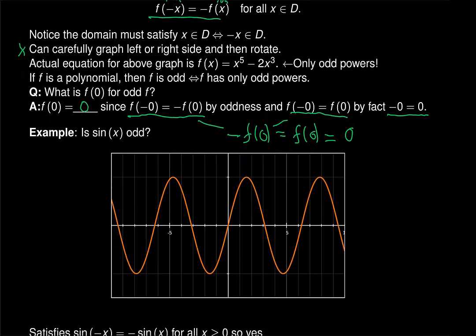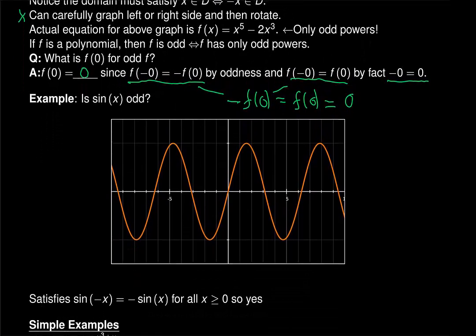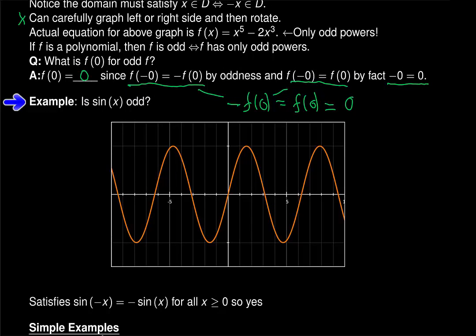Let's move on to a non-polynomial example. Here is sine. Is sine odd? Before we explained that cosine was even, so maybe sine is odd. Well, what we can do is we can take points. So again, we could look at different values. So let's look at the value when x is equal to 5.